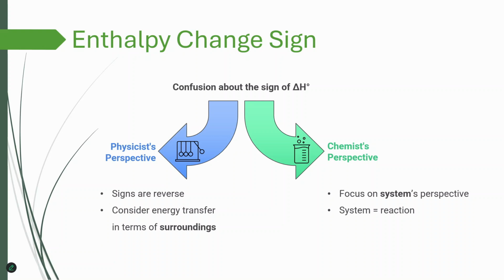But that energy release is going to slightly affect the energy of the surroundings. Maybe a 0.0001 degrees Celsius increase in the temperature of the laboratory would be observed, which is extremely negligible. So the reason why we have different signs in physics and in chemistry is because of different perspectives. In physics, it's the surroundings perspective. In chemistry, it is the system perspective.